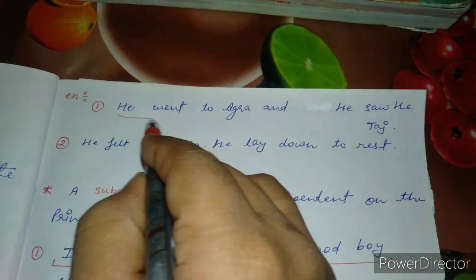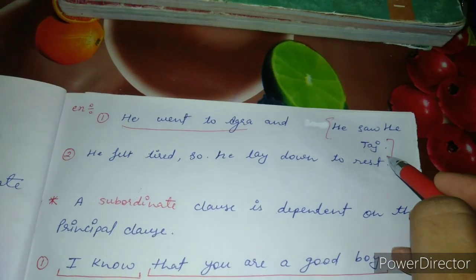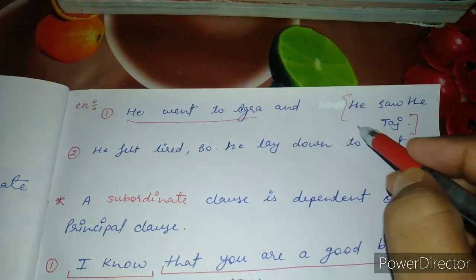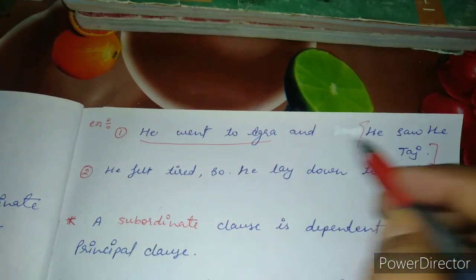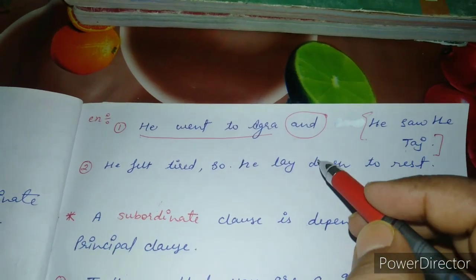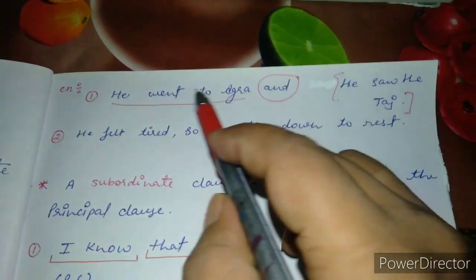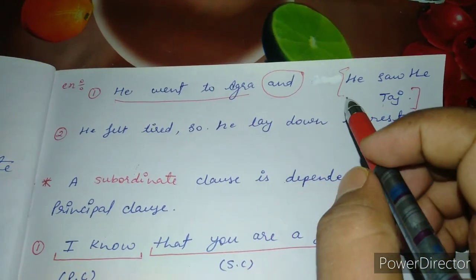Both sentences, this sentence and this sentence, are independent individually, but both sentences are connected with a coordinate conjunction, that is and. So these types of sentences will be called coordinate clause.